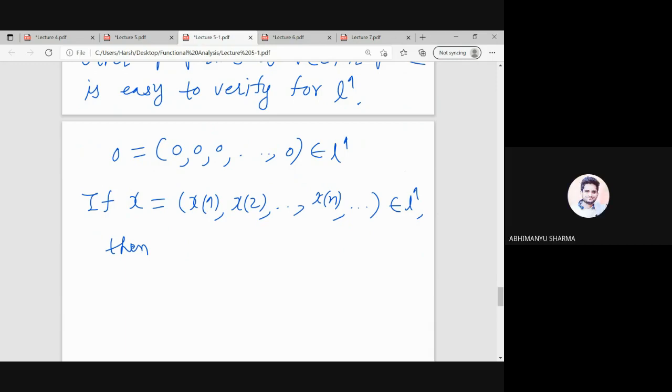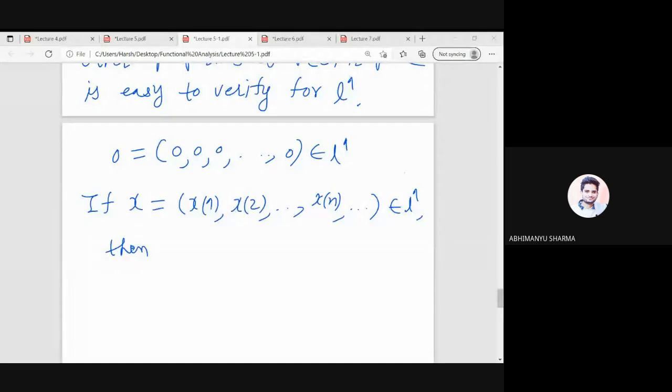Sir, can we prove the property of subspace to prove that this is a vector space? That alpha x plus beta y belongs to V. For that you need to give me some vector space. Sir, we can form a vector space of all sequences by pointwise addition.